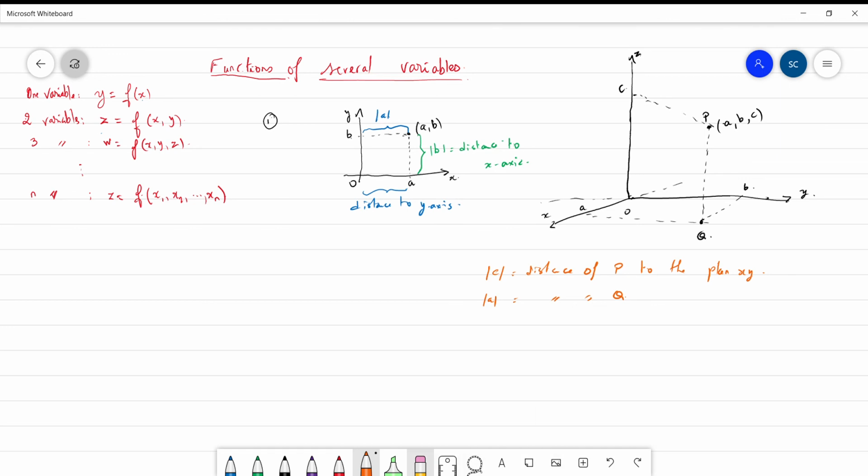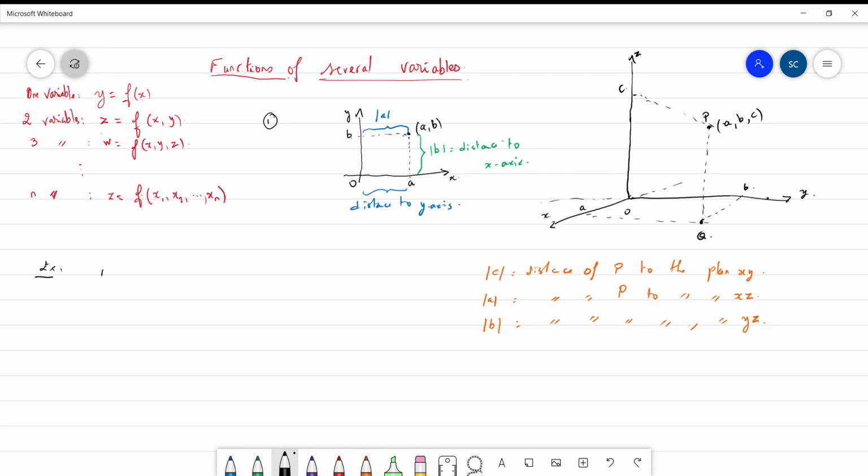And finally b is the distance of P to the plane YZ. So this is how we locate the point.